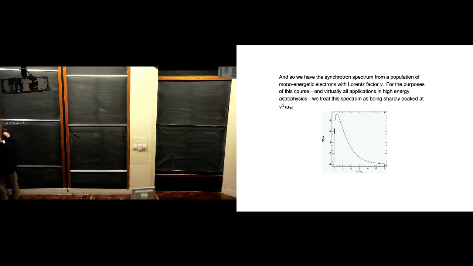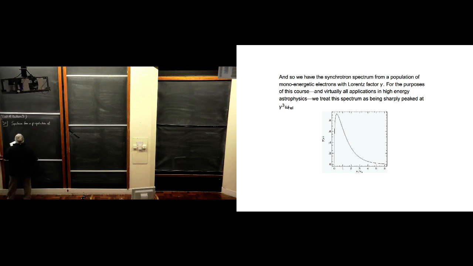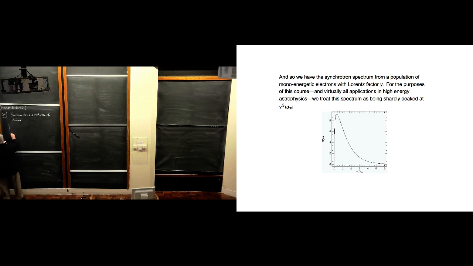Right, so this section is the spectrum from a population of electrons. And the idea here again is to use convolution.